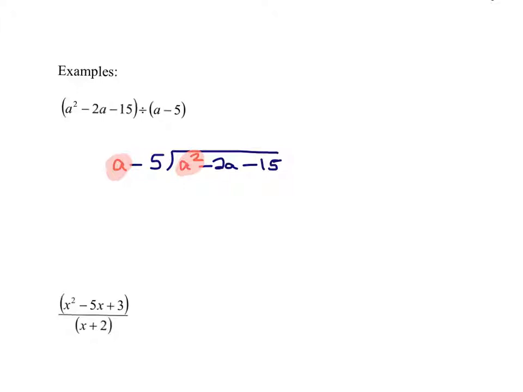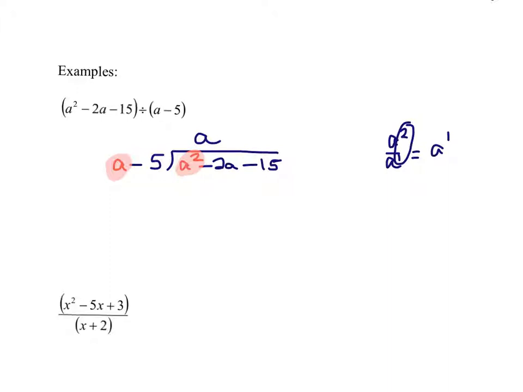That's really it. So we're going to take a squared divided by a, which is just a to the first, because we're basically subtracting these exponents. So I'll put an a on top.